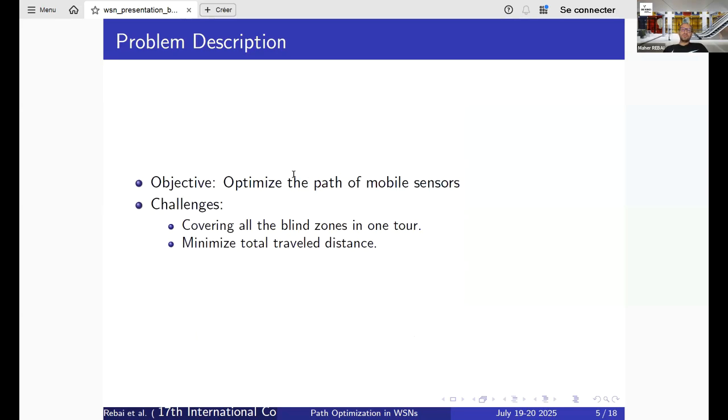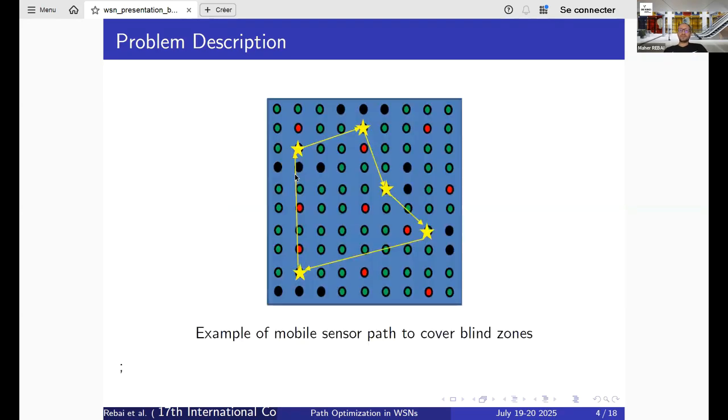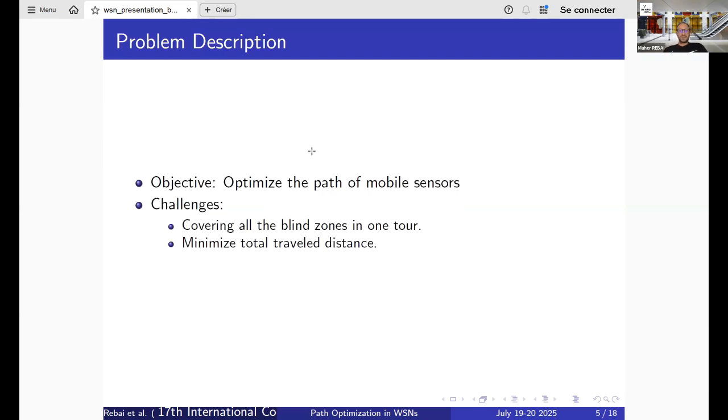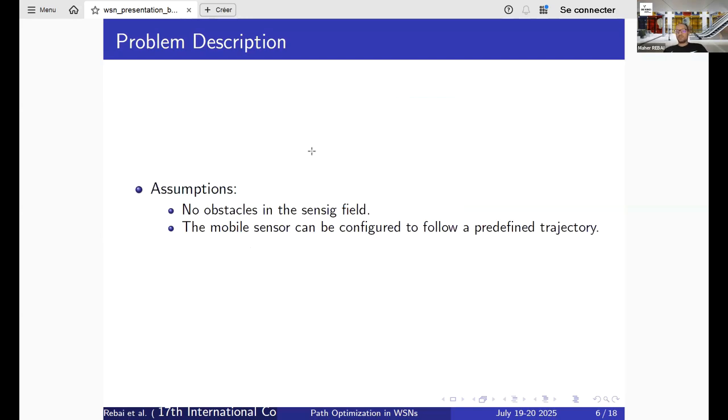So our objective in this problem is to minimize the path of the mobile sensor such that covering all the blind zones in one tour, like this solution. We assume in this study that there are no obstacles in the sensing field.